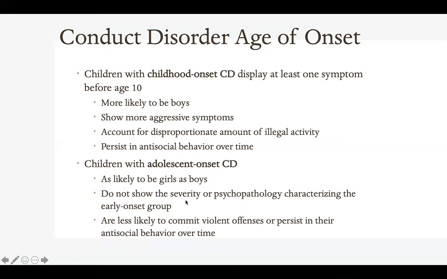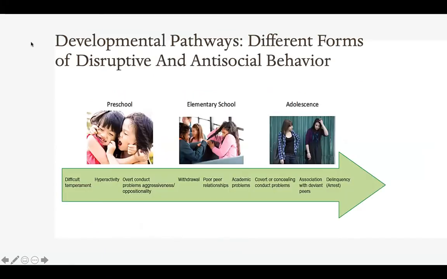They have a better prognosis, meaning if they're only diagnosed with adolescent onset conduct disorder, they might outgrow it or be able to be treated. It won't necessarily end up in antisocial personality disorder. They're also less likely to commit illegal activities like violent offenses.